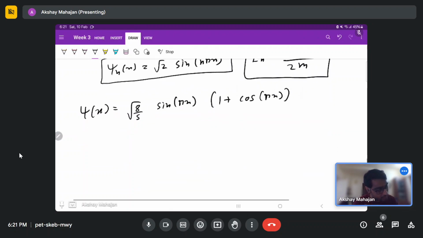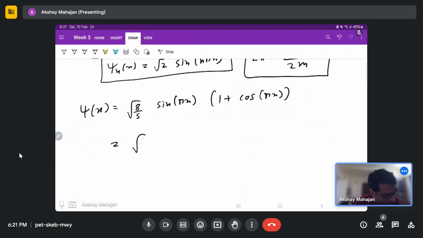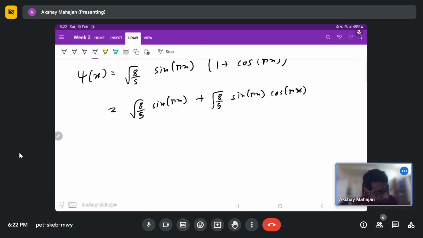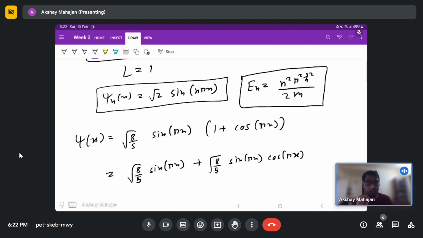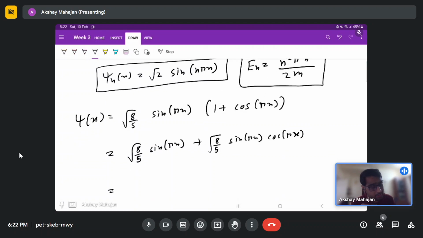Now if we multiply it out, we get under root 8 by 5 sine of pi x plus under root 8 by 5 sine pi x cos pi x. We know the solution wave function for the simple, symmetrical particle in a box case, so we will try to write this wave function within the basis of psi n of x.